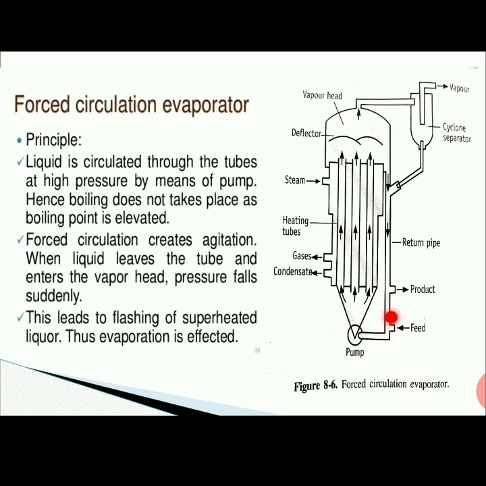These steam jacketed tubes are held between two tube sheets. The tube measures 0.1 meter inside diameter and 2.5 meter long, which means height is 2.5 meter and diameter is 0.1 meter.